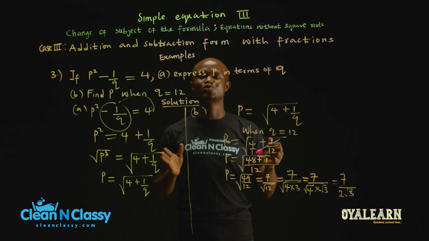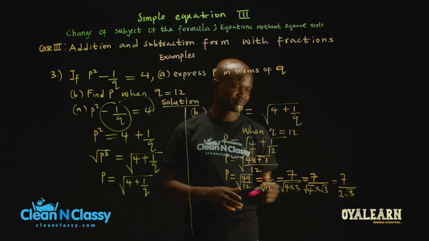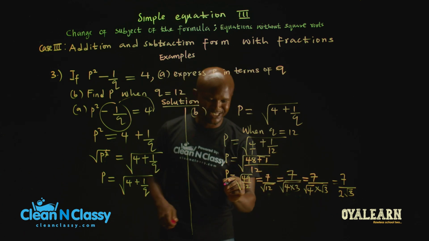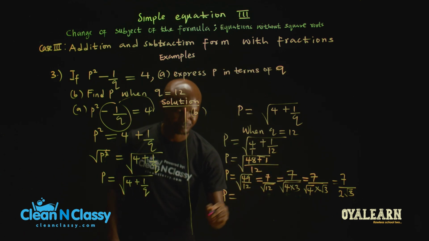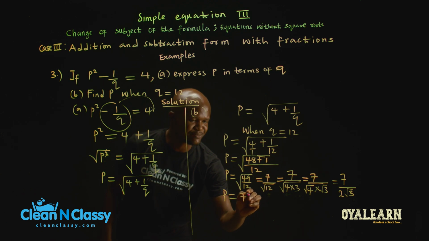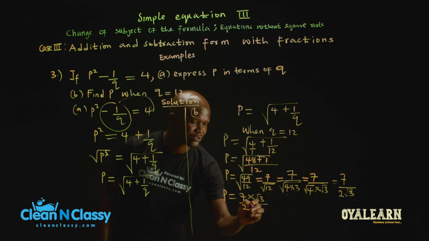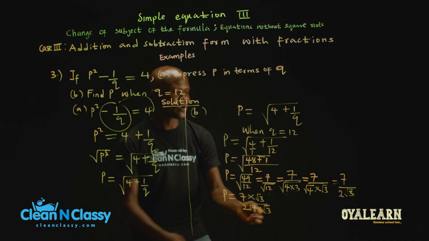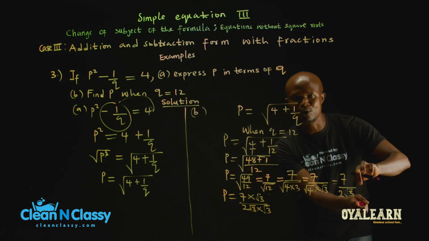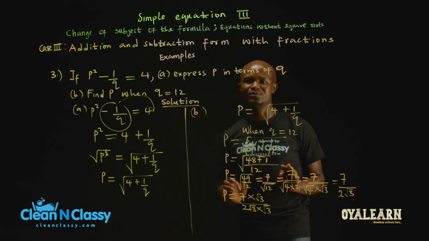And that process is what we call rationalization. So in that case, P will now be what? 7 times root 3 divided by 2 root 3 times root 3. That is, we are using root 3 to multiply both numerator and denominator.